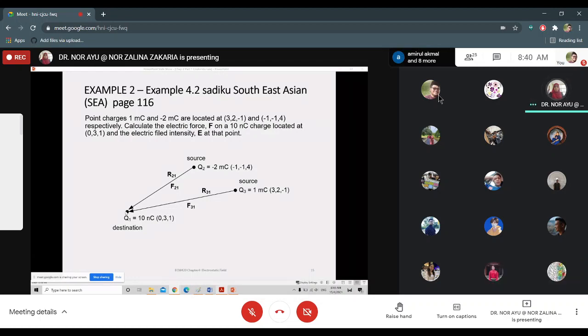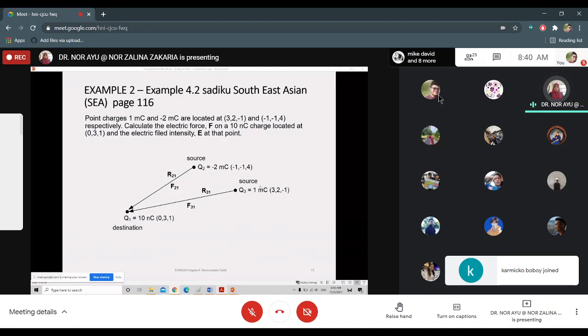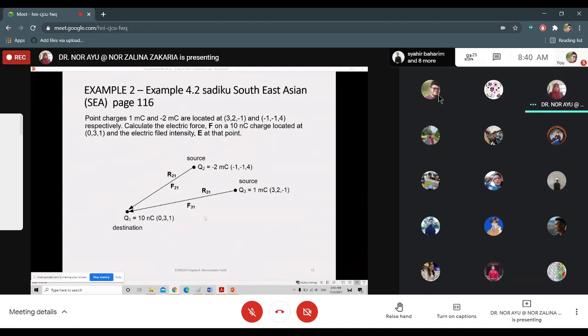For this question, I name this charge Q1, then Q2 will be the coordinates at this position over here, and Q3 will be 3, 2, -1.